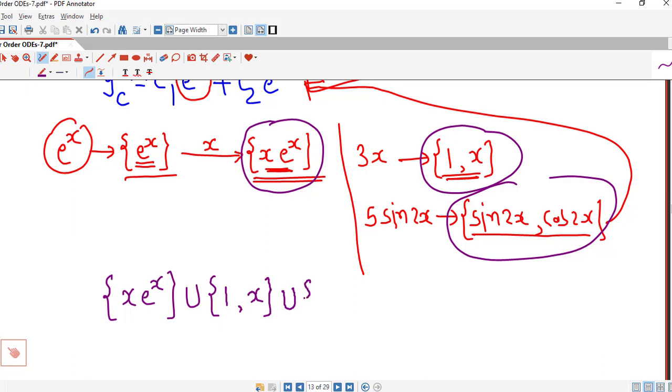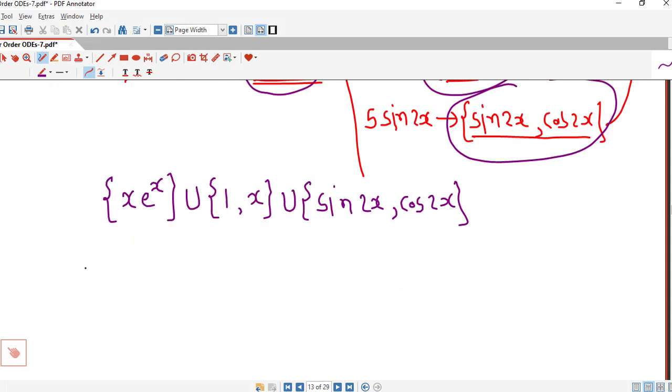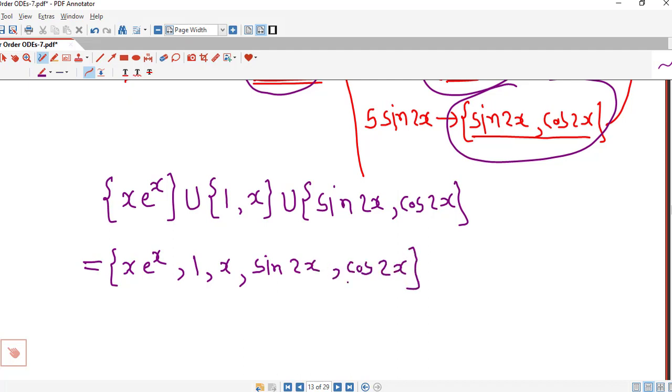Here we consider 1, x union sin 2x, cos 2x. So we know how to write down the union of three sets. We write all the members present in 1, 2 or 3 sets, or in all the sets.